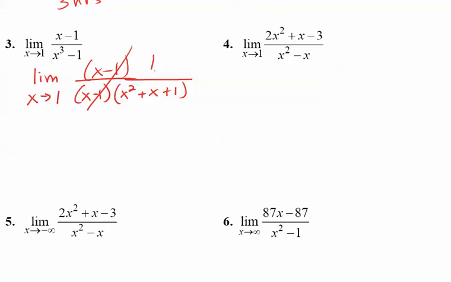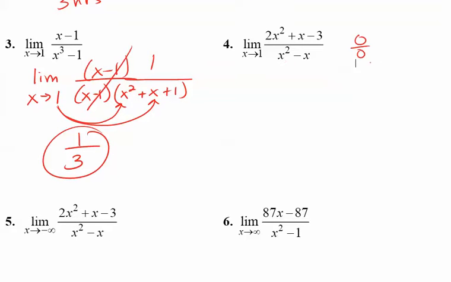So once we've removed the 0 over 0 problem, then we can do direct substitution. Let x be equal to 1, and we'll come up with a limit of 1/3. So there's a hole in the graph. When the x coordinate is 1, the y coordinate of the hole in the graph would be at 1/3, our removable discontinuity.